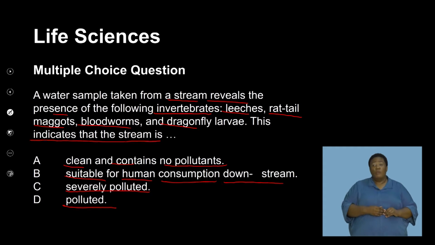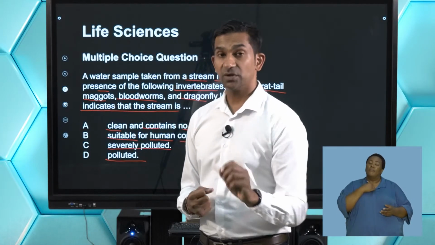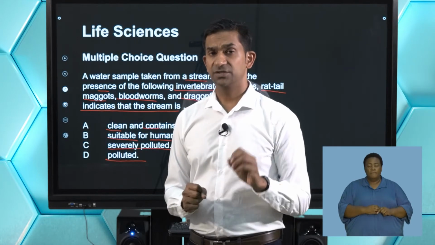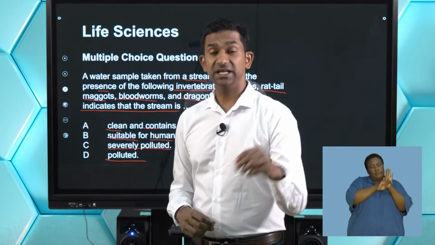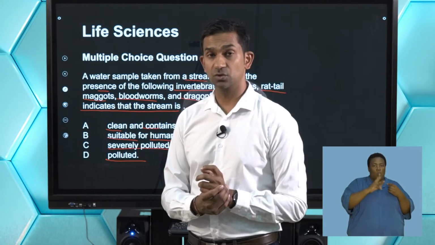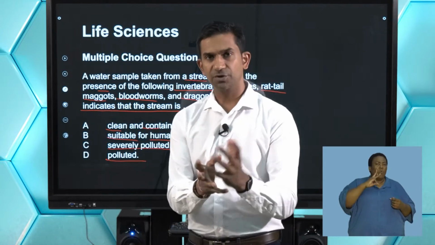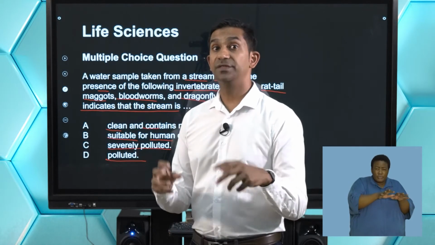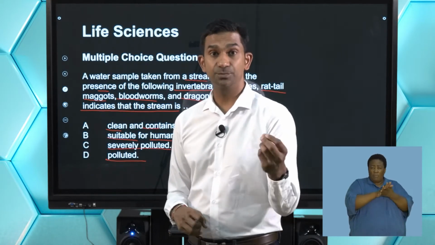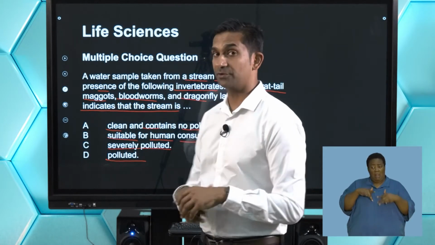From a biological perspective, I will give you a hint. Think about this list of living invertebrates inhabiting this water body. If this sample of water was contaminated with pollutants, would that water body be able to support life forms?